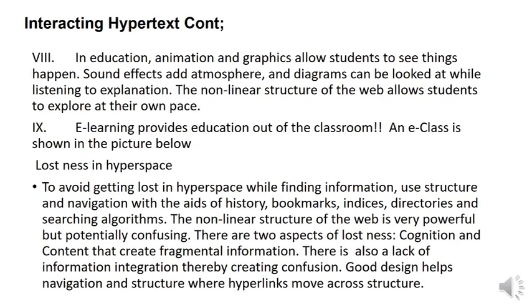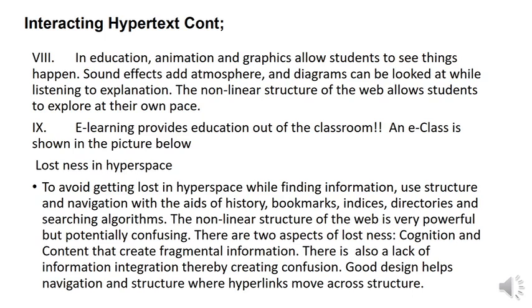Lostness in hyperspace. To avoid getting lost in hyperspace while finding information, use structure and navigation with the aid of history, bookmarks, indices, directory, and searching algorithms. The non-linear structure of the web is very powerful but potentially confusing.